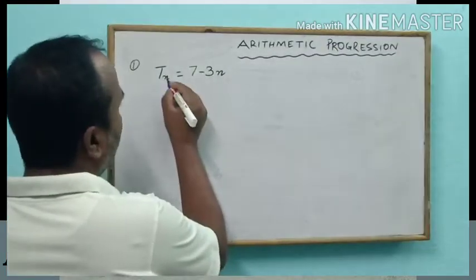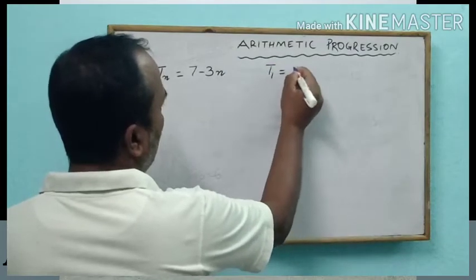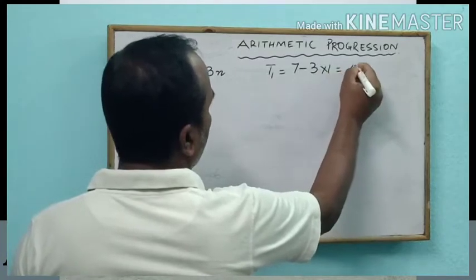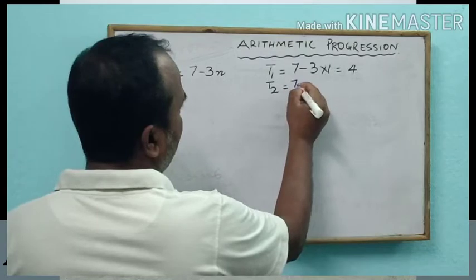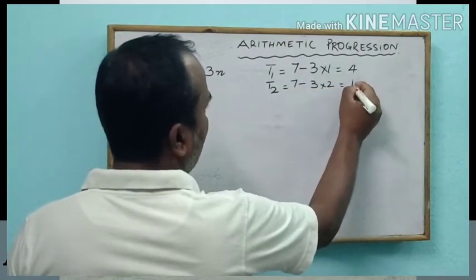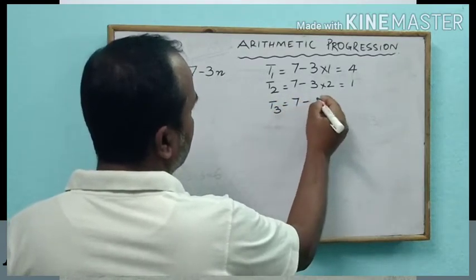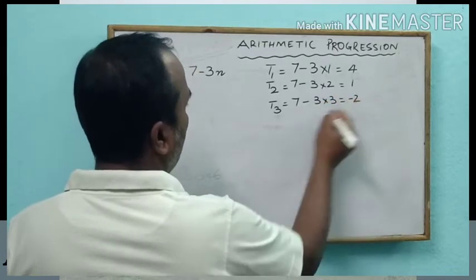So we will put n is equal to 1. T1 equal to 7 minus 3 into 1, that is 4. Second term T2, that is 7 minus 3 into 2, that is 7 minus 6, 1. T3, that is 7 minus 3 into 3, minus 2.